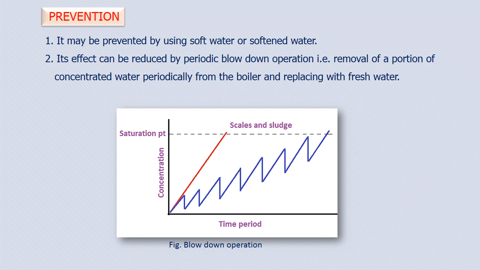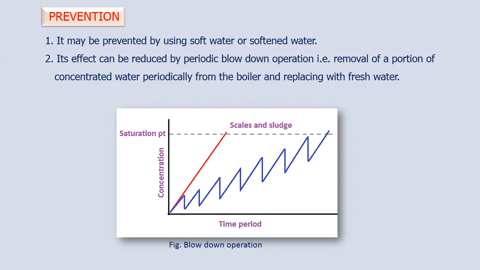Or if we have soft water in the given area, then the industrial person can be happy, and he can use soft water, which will prevent boiler explosion. If a person is not able to find soft water and he is working with a high pressure boiler, then he has to undergo a water softening process and then use it in the boiler.